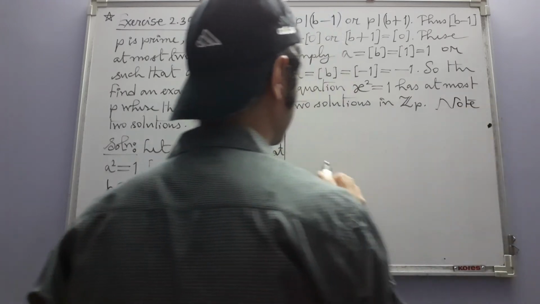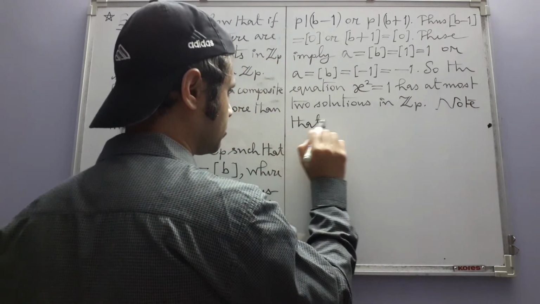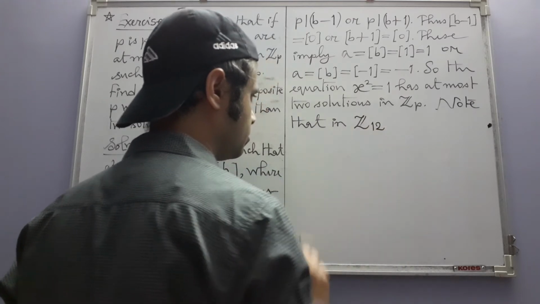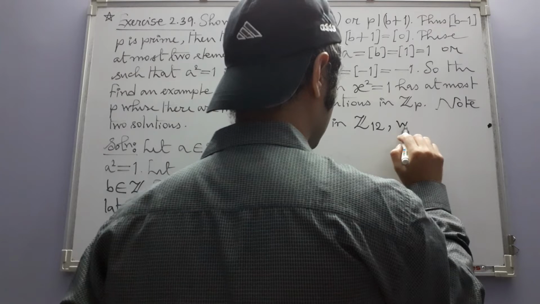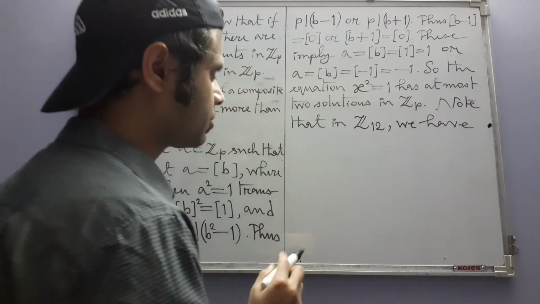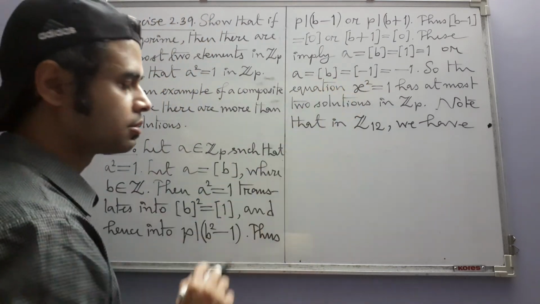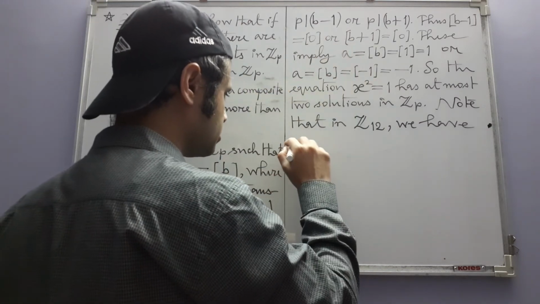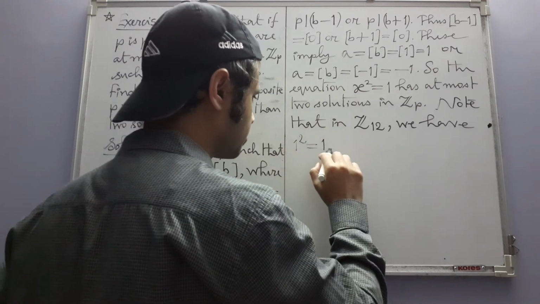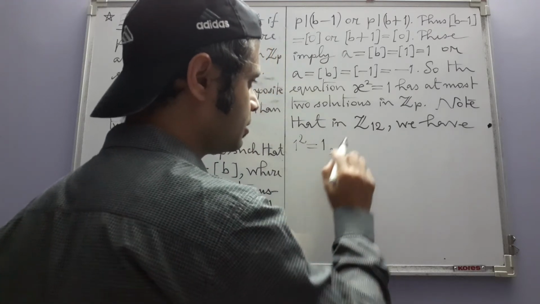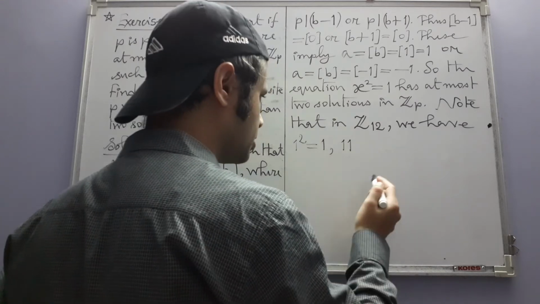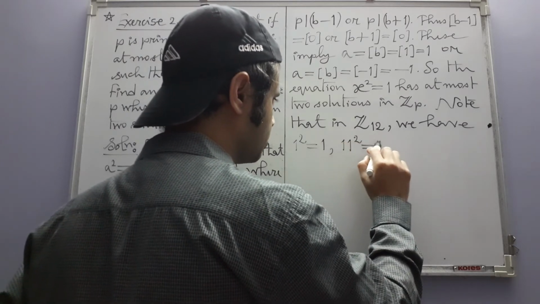Note that in Z12 we have more than two solutions. Of course, we can say from these calculations itself, 1 squared is always equal to 1, and minus 1 squared, where minus 1 in this context is the congruence class containing minus 1, which also contains 11, so 11 squared is 1.